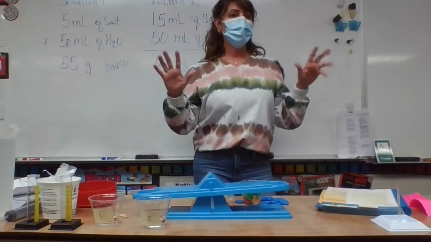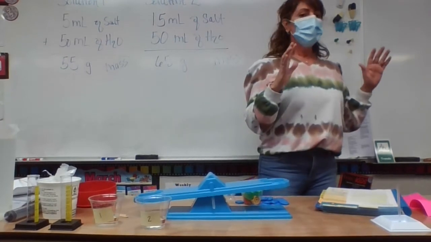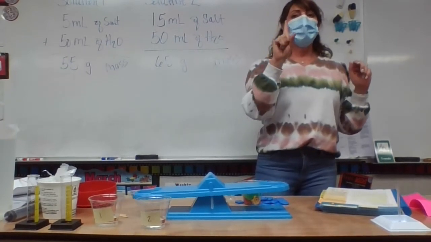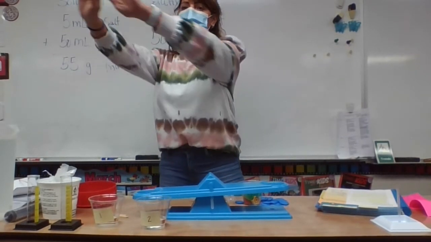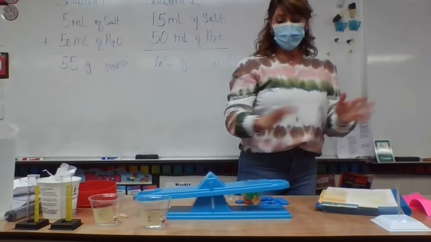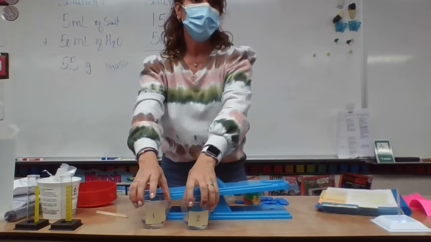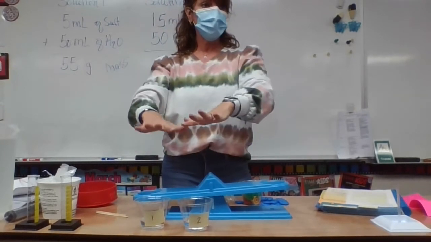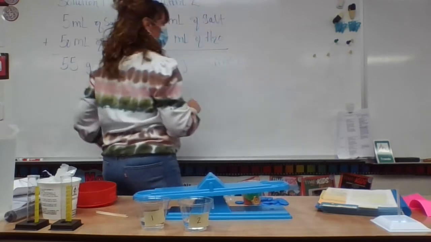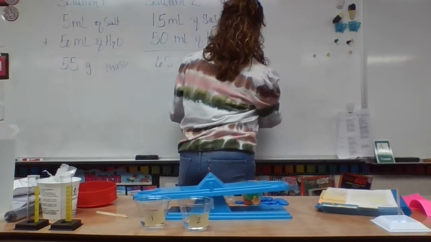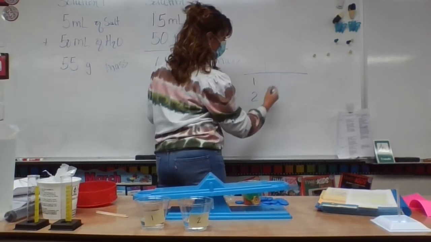Now, I want to discuss really quickly a word. It's called variability. Now, if I had sectioned you off into groups and I had given you solution 1 and 2, each group created it, took it, measured it, we might end up having a chart that looks like solution 1, solution 2.